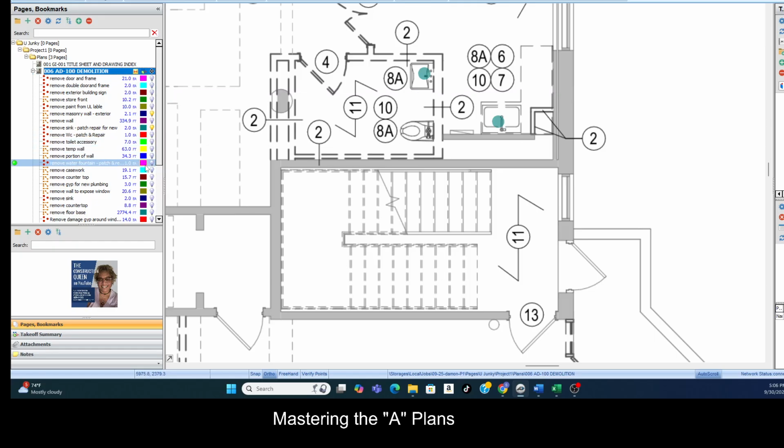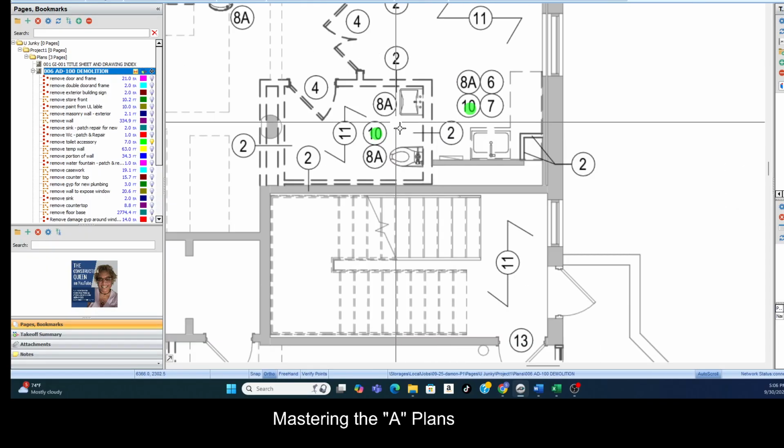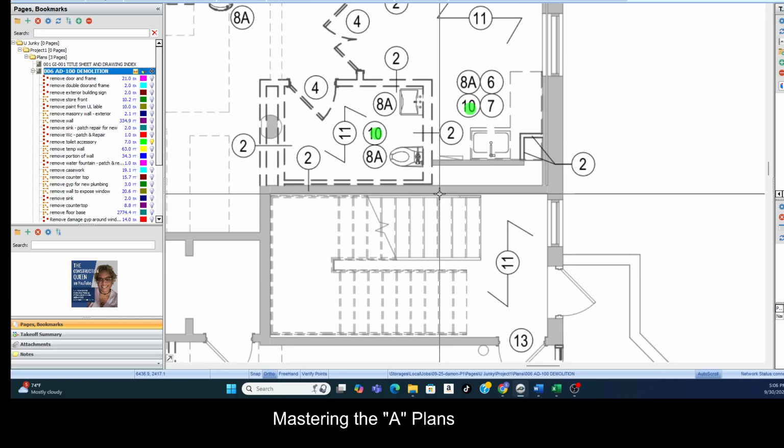Next, we already did the patch. Okay, toilet accessories. They always do this. They want you to remove the toilet accessories in the bathrooms, and that's Keynote 10. Well, okay, there are none shown here, and that's the thing with demo. It's never shown. So I just gave it a time, an hour, just to remove probably a waste basket in the wall, or the toilet roll device.